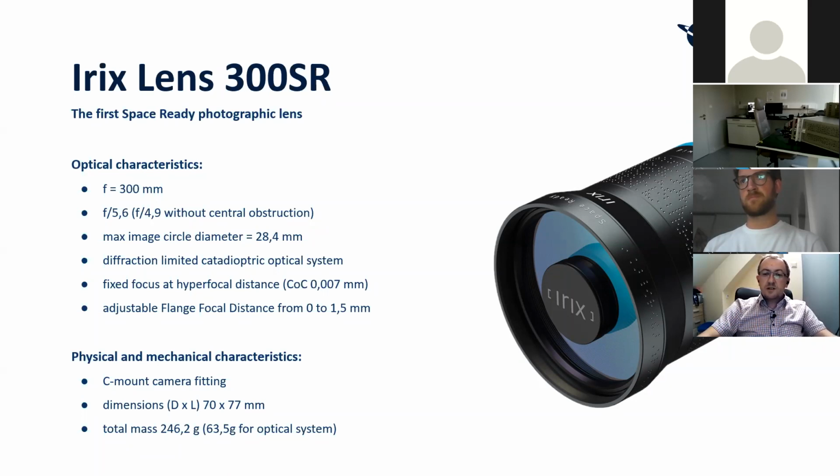That's why, while the aluminum housing is expanding or shrinking, the lens position is maintained the same. Of course, there must be some difference when the lens is very hot and very cold because of the temperature changing. That's why we decided to make some improvements to the IRIX 300 SR2, which I will explain using the next slide. Can we go to the slide with the temperature?